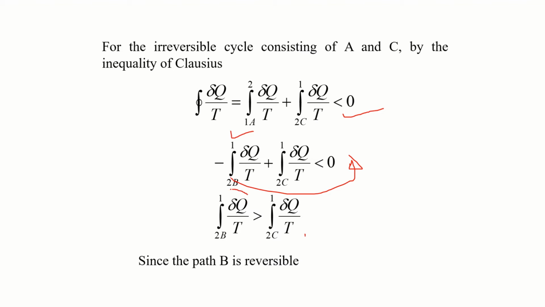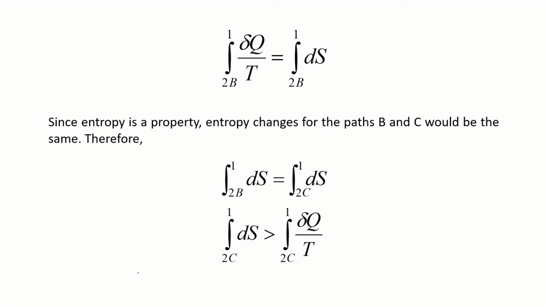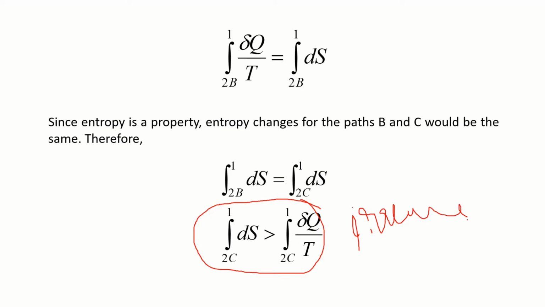So this is nothing but dS, because it is a reversible process. So you can write dS is greater than delta q by T for an irreversible process. Right?